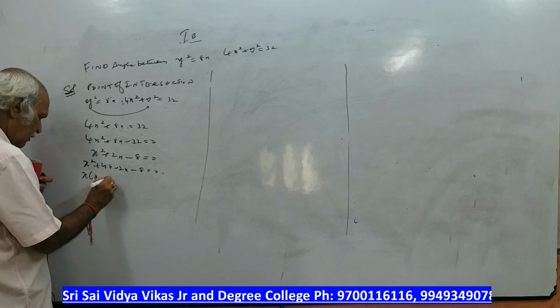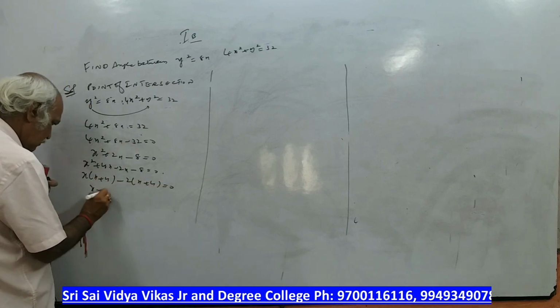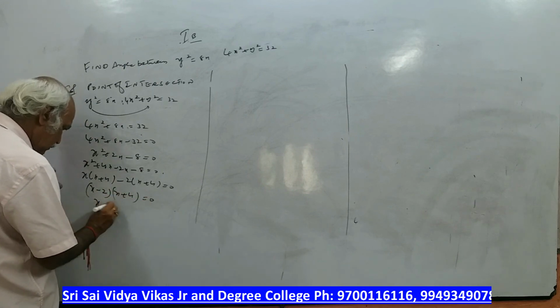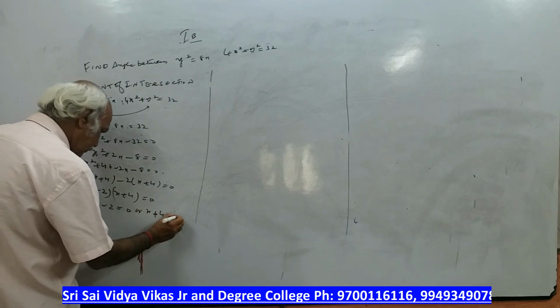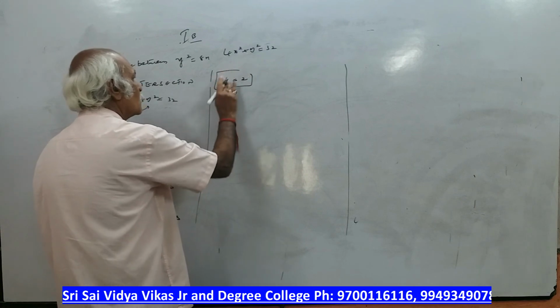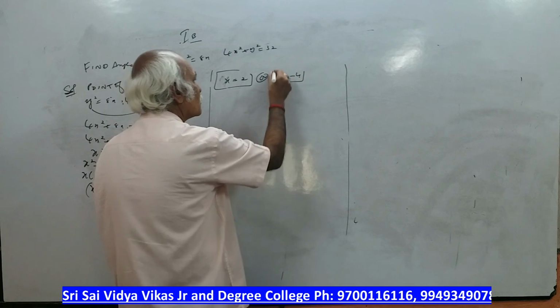4 2s are 8, so x square plus 4x minus 2x minus 8 is equal to 0. X common, x plus 4, equal to 0. X minus 2 is equal to 0, x plus 4 is equal to 0. So what is the x value? 2 or x is equal to minus 4.